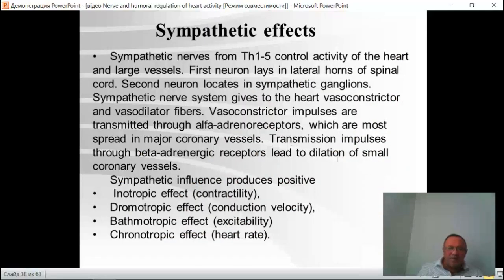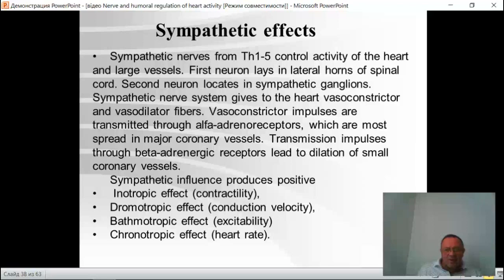Sympathetic effects. Sympathetic nerves from T1 to T5 control the activity of the heart and large vessels. First neurons lie in the lateral horns of the spinal cord. Second neurons are located in sympathetic ganglia, and the sympathetic nervous system gives the heart vasoconstrictor and vasodilator fibers.